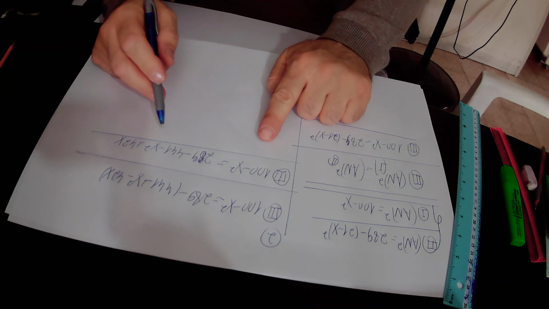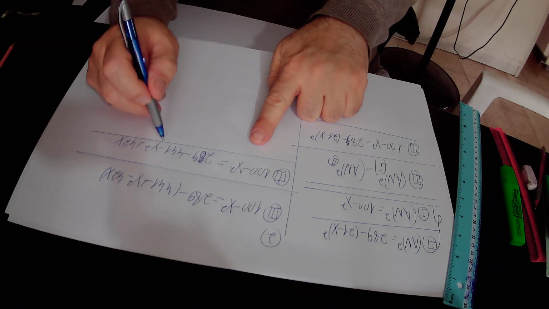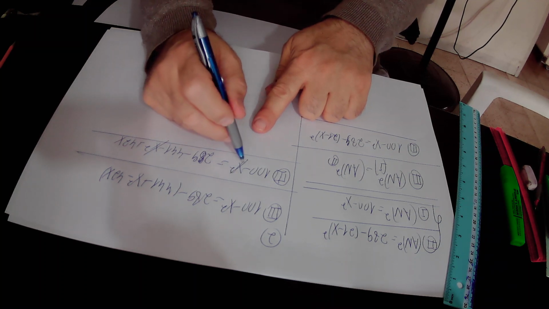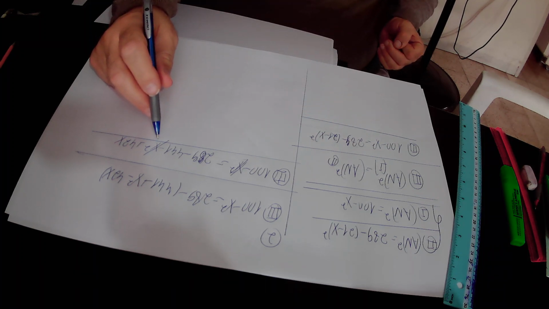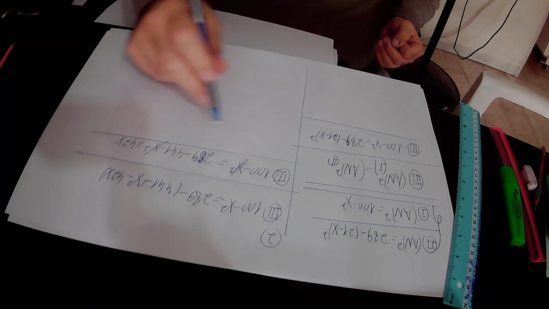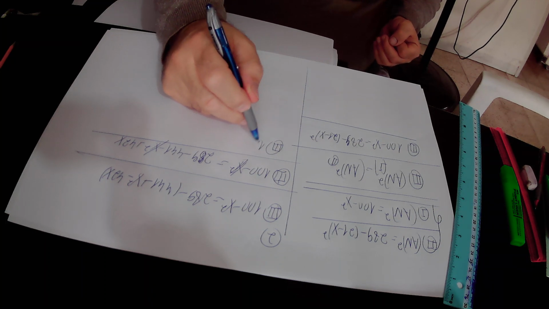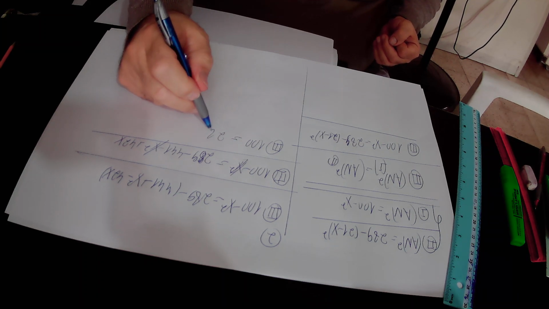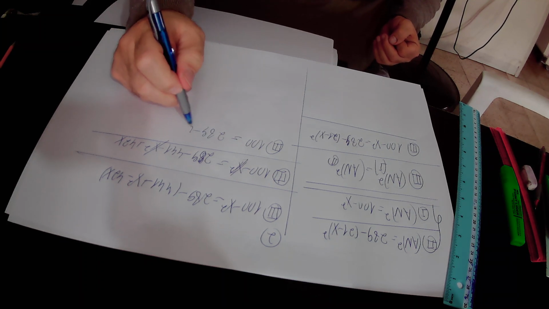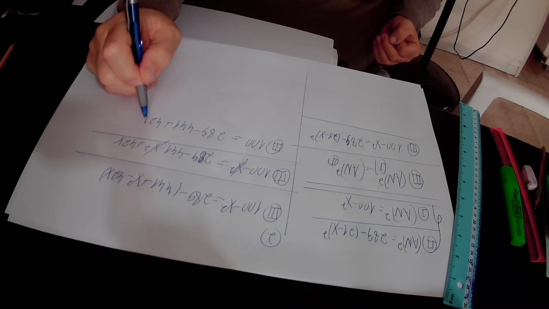Here we have minus x squared on both sides of equation 3, therefore minus x squared gets cancelled. On this side of equation 3 we are left only with 100, which equals 289 minus 441 plus 42x.